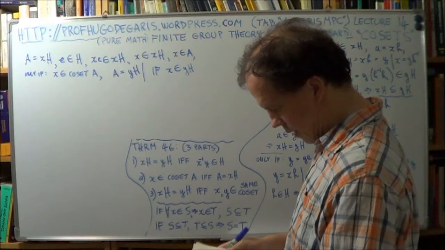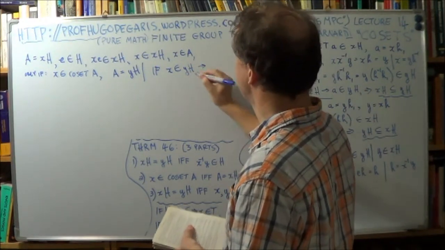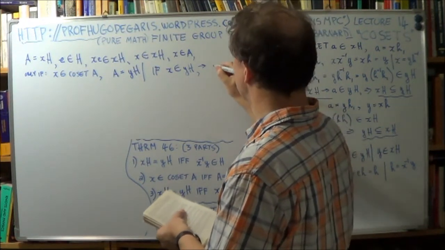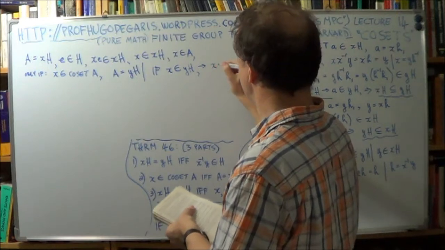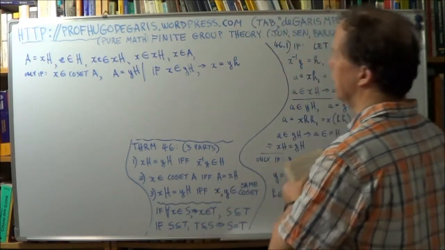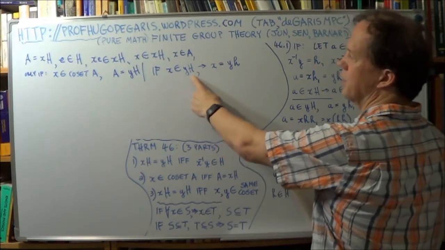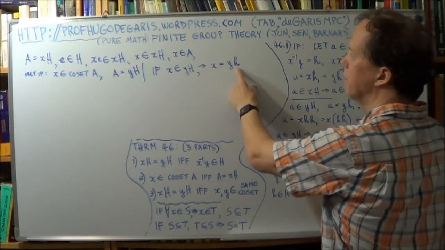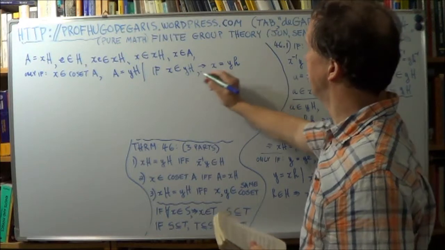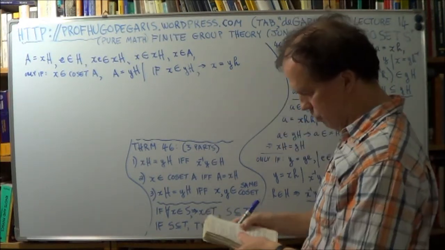So if that's true, that implies that x must be of the form yh. Right? x has to be of this form because the members of this left coset have this form. y times something, some member, or little h of your subgroup. So x must be of that form.